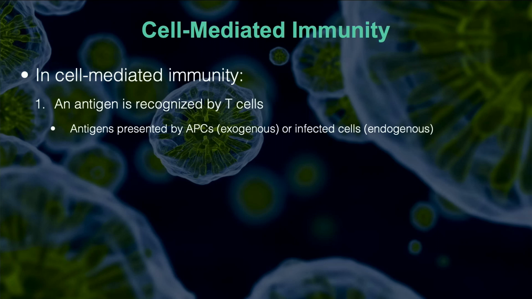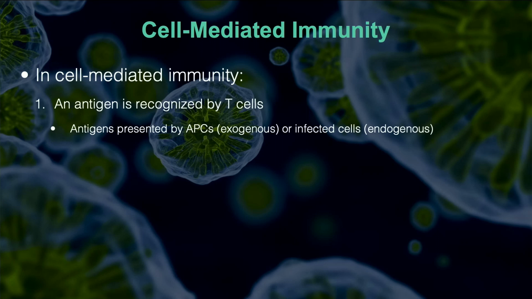T cells will either register that antigen in infected cells, that's endogenous antigen processing, we talked about that last class, or they can recognize it on APCs, antigen presenting cells, where the antigen was floating around free, the APC engulfed it, recognized that it wasn't supposed to be there, and now is signaling the T cells to induce this branch of the immune system, the cell-mediated immunity branch.